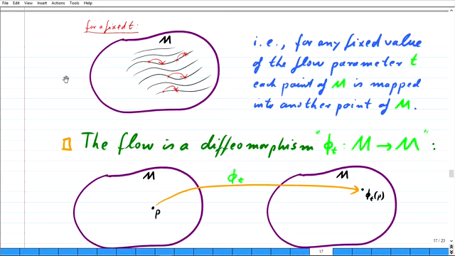And then you run the evolution forward, you follow that integral curve for a fixed amount of time t, and then you end up a little bit later, downstream, so to speak. You end up a little bit downstream that integral curve. And you see, if you started here, you would be a little bit later over there. So after a certain amount of time t, any point of the manifold has flown a little bit further, some other place.